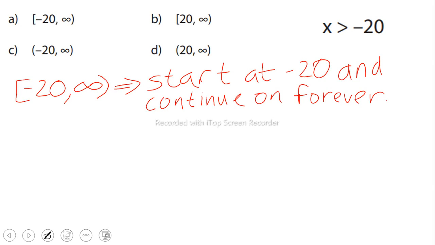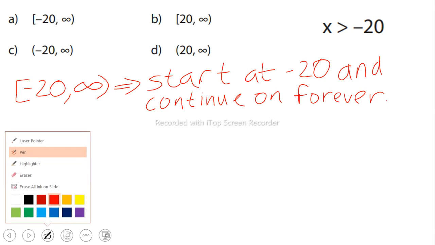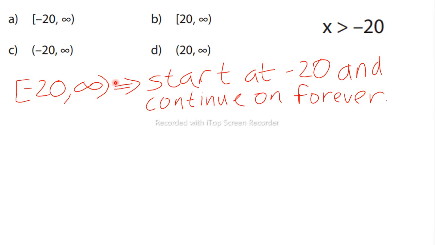So that's what this is saying. Start at negative 20 and continue on forever.